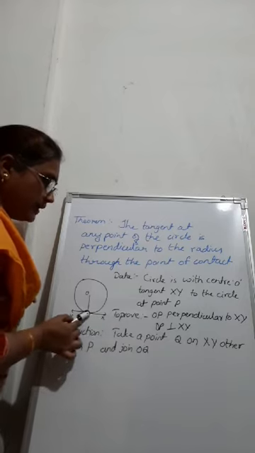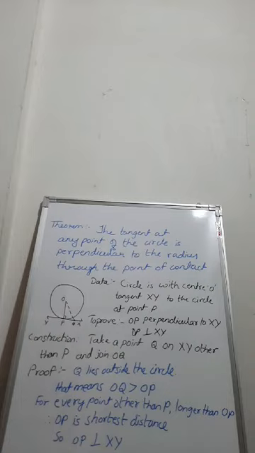Now we have to prove that OP is perpendicular to XY, and OQ is not the radius to the tangent because OP is the only radius for the tangent XY at the point of contact P. See now, proof. For the proof, we have taken the Q other than the P and we have joined the OQ.